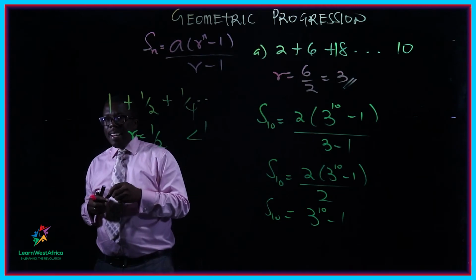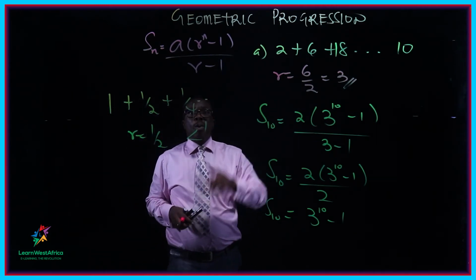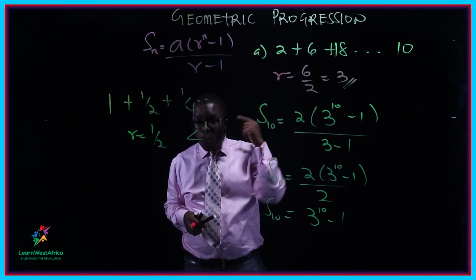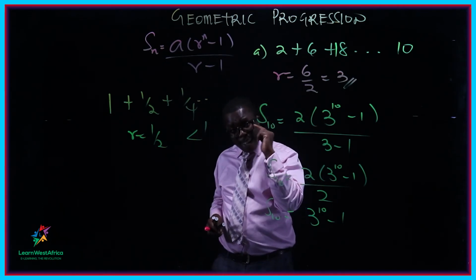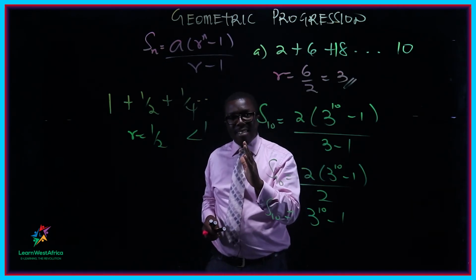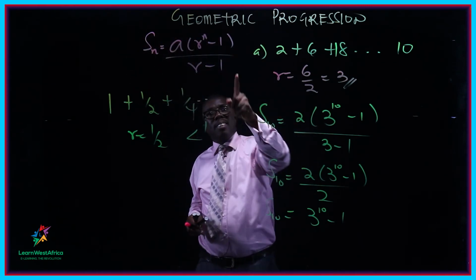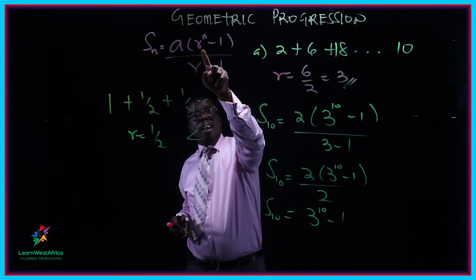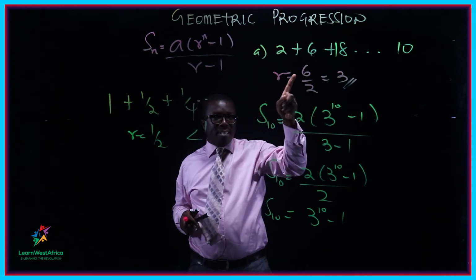Do you notice that? That is why I just said, for emphasis, that when the common ratio is less than 1, you still use the sum, but you only change the positioning of that. So instead of r raised to the power n minus 1, you write 1 minus r to the power n.